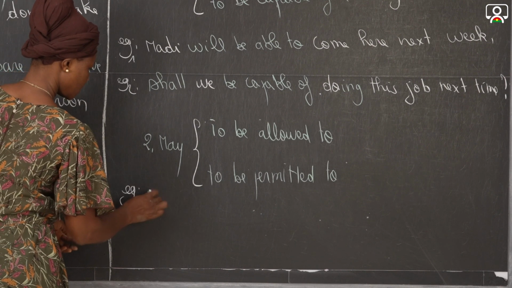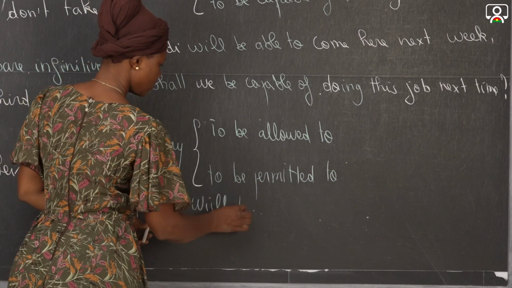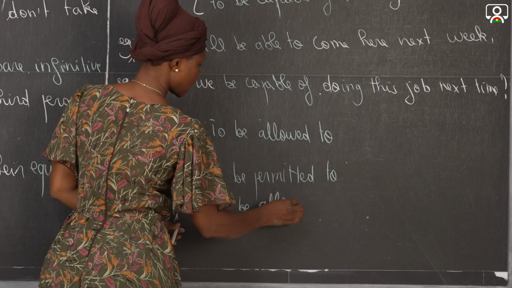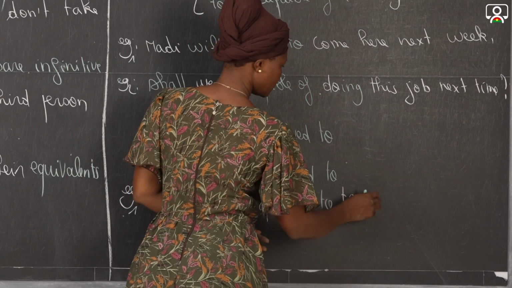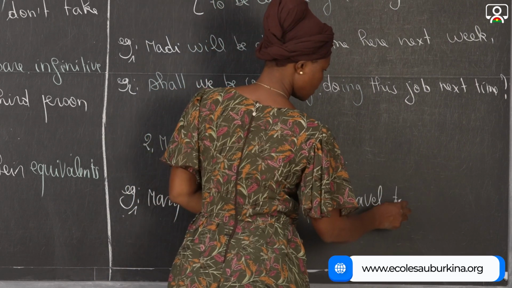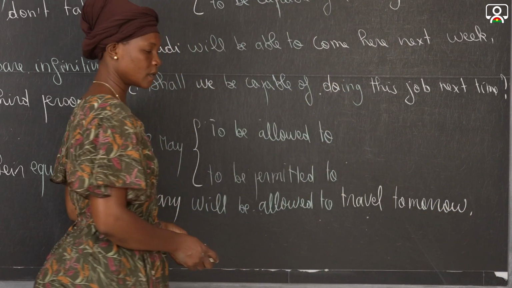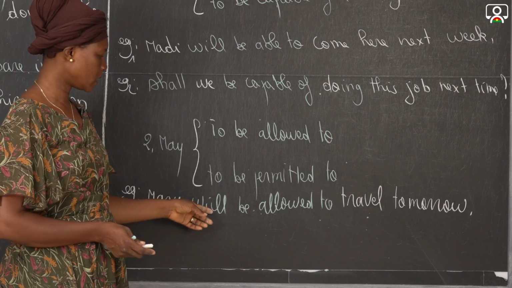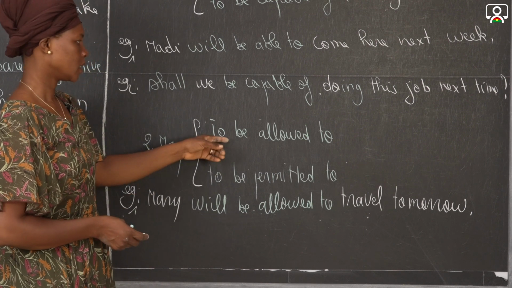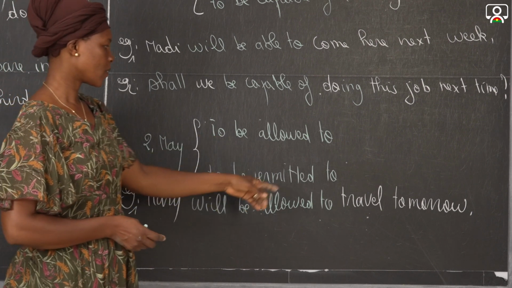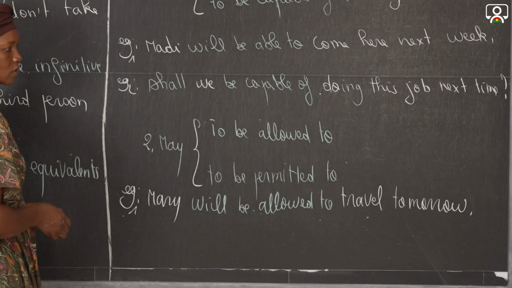Example 1: Mary will be allowed to travel tomorrow. So we have our subject, the auxiliary of the simple future, and I take one of the equivalents of may and I conjugate it. So Mary will be allowed to travel tomorrow.